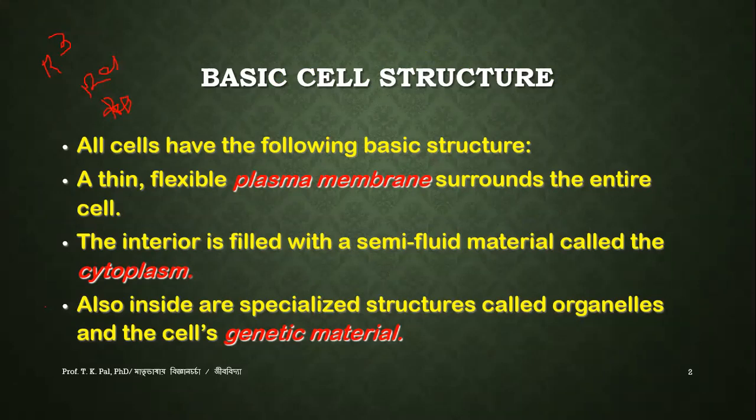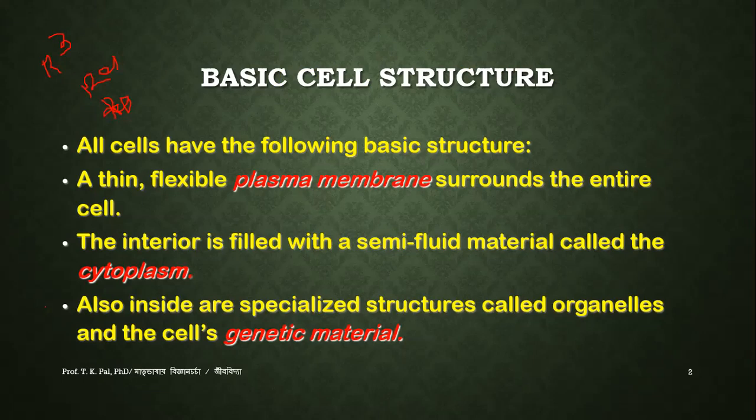Now every life is made up of one cell or multiple cells. And what is the basic structure of the cell? There is the plasma membrane, the outside covering of the cell. One is the cytoplasm, and another one is the genetic material. Cytoplasm means everything, biochemistry, everything. The biomolecules are present, and physiological processes take place inside the cytoplasm.